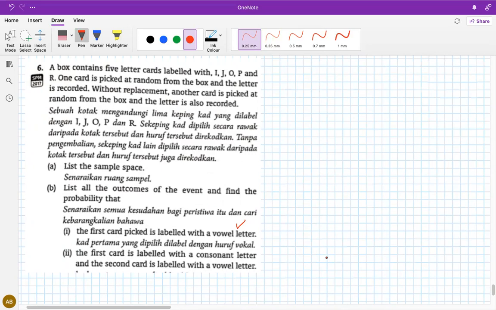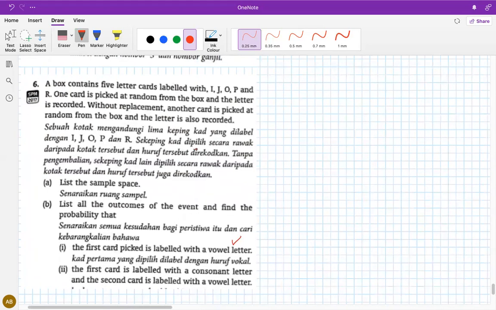Not every question will ask you to list all the sample space; some of them use tree diagrams and ask you to list down the empty spaces, or they use a table and ask you to fill in the missing information. So it depends.